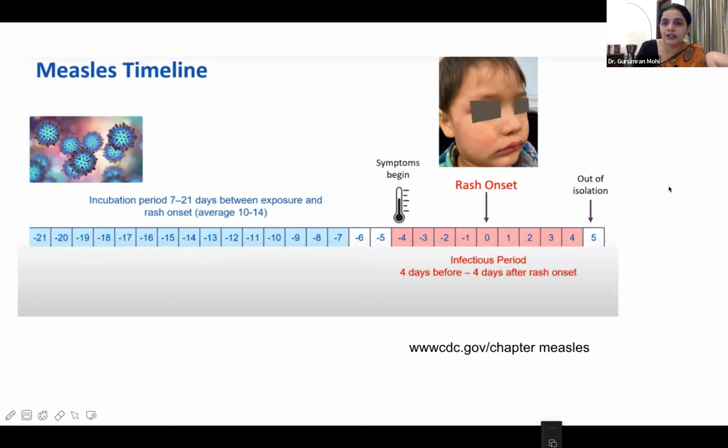The patient will have fever, the 3 C's which we have seen, cough, coryza, conjunctivitis, and the Koplik spots. Eventually the fever subsides a little bit, and the Koplik spots also subside, and then there is the appearance of the maculopapular rash. It is important to note that the patient of measles is infectious 4 days before and 4 days after the rash.